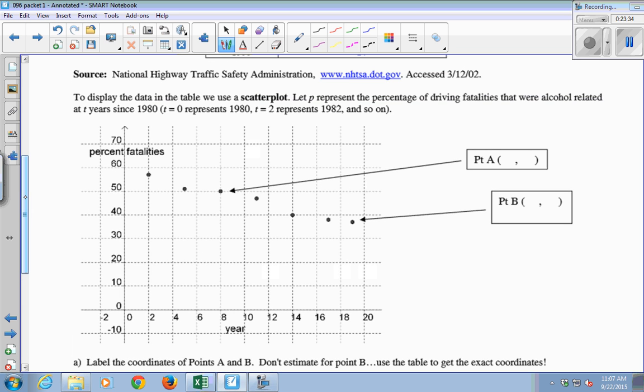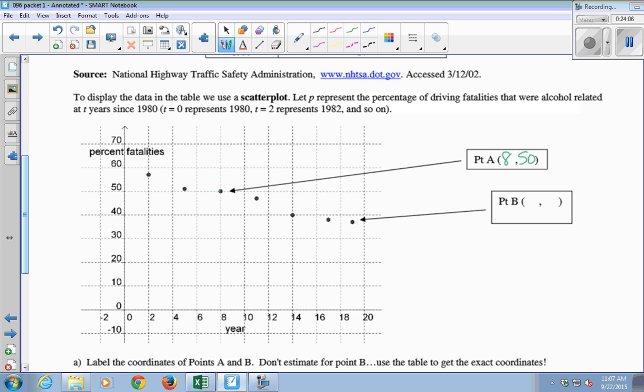Now, what are the coordinates of this point? We'll call it point A. (8, 50), right? You go over 8, up 50 to get to that point. And what about this point on the very end here, point B? It's harder to estimate because it's not right on a grid line.